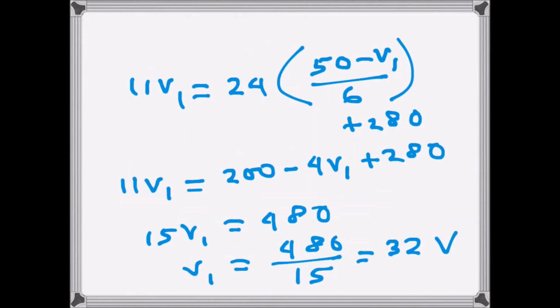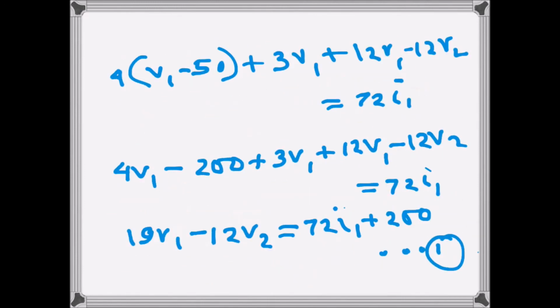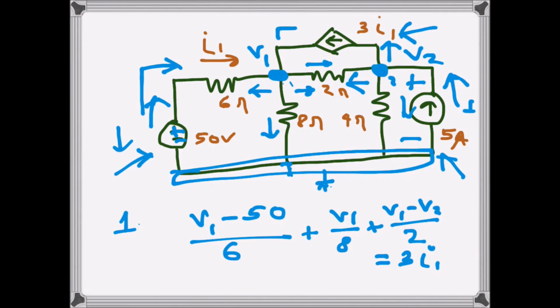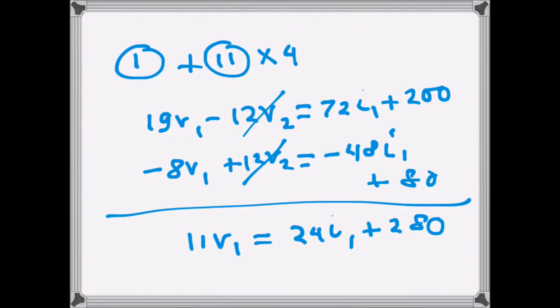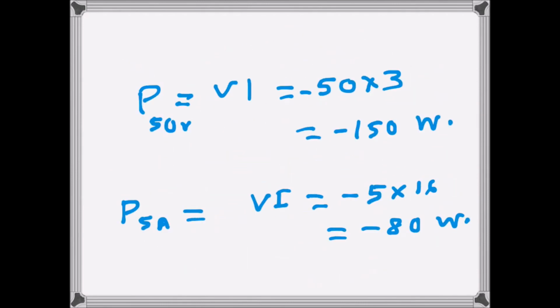And lastly, let's think about the dependent source. Here the polarity was like this: this was 32 volts, this was 16 volts.